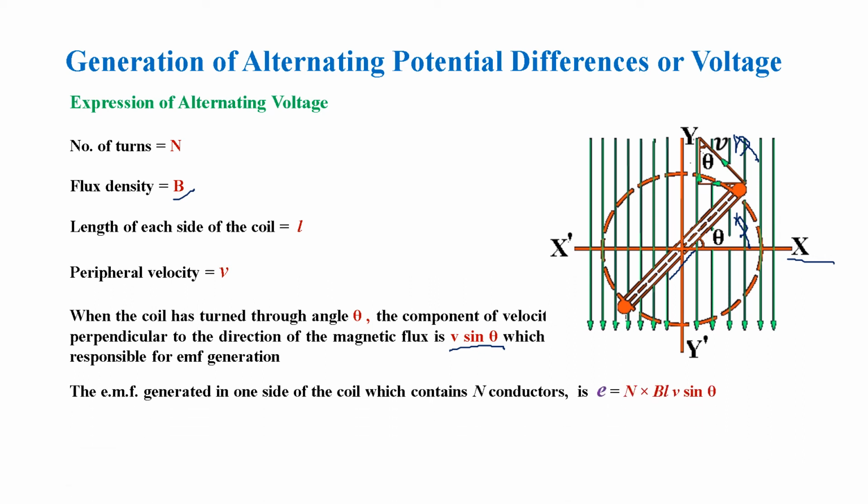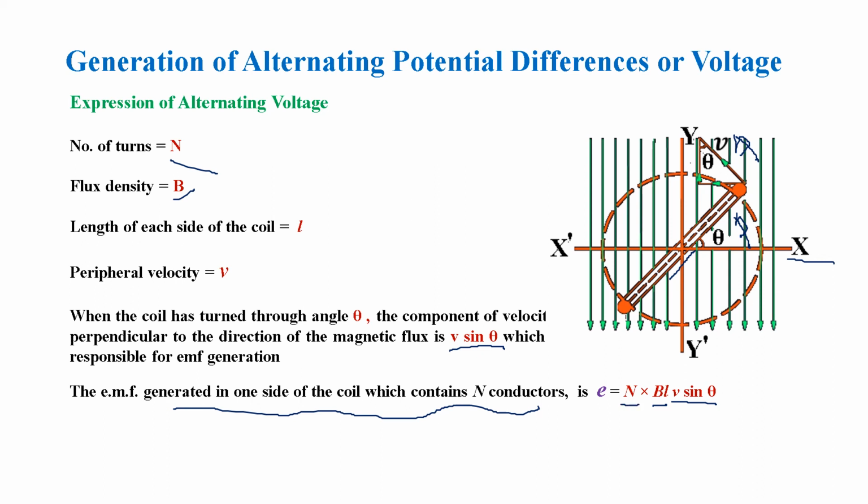Now by using this expression, the EMF generated in one side of the coil, which has n number of turns, follows the well-known formula BLV, with V replaced by V sin theta. B and L are the usual nomenclature, and it is multiplied by n.